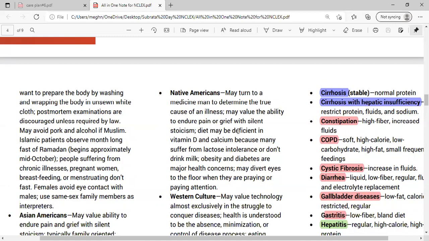Diet may be deficient in vitamin D or calcium because many suffer from lactose intolerance or do not drink milk. Obesity and diabetes are major health concerns. They may divert their eyes to the floor when they are paying attention.